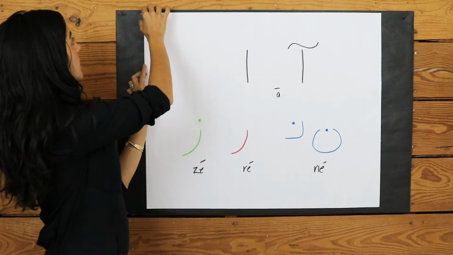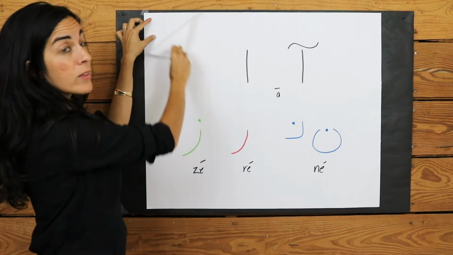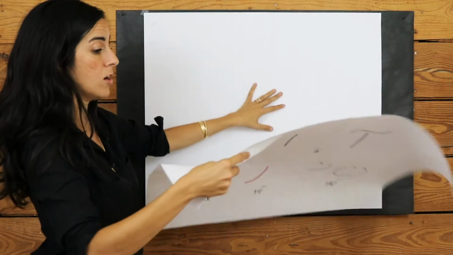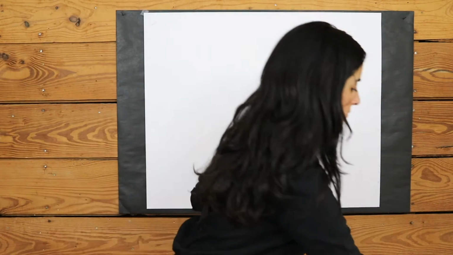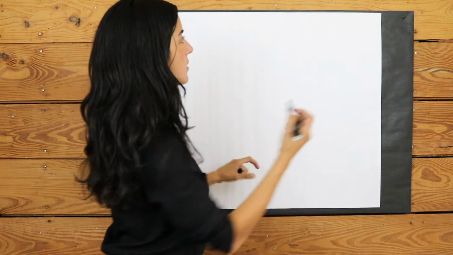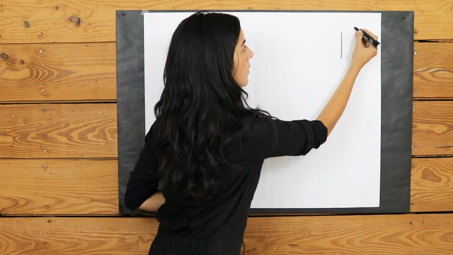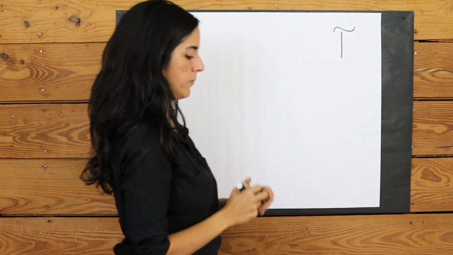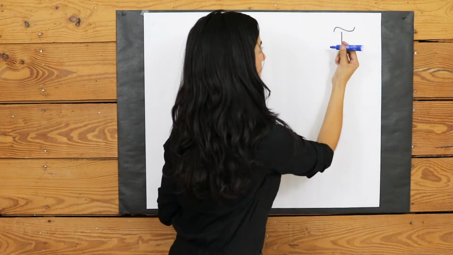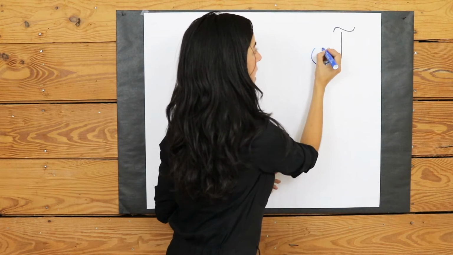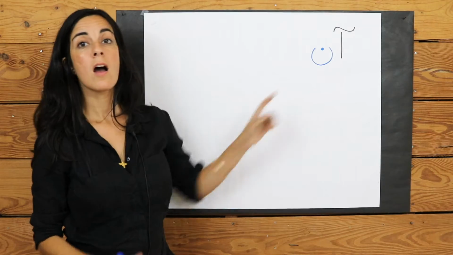So as we did last time, we're going to look and see how these consonants interact with our trusted a. So first, if we have an a with the kola, followed by a ne, it becomes on.